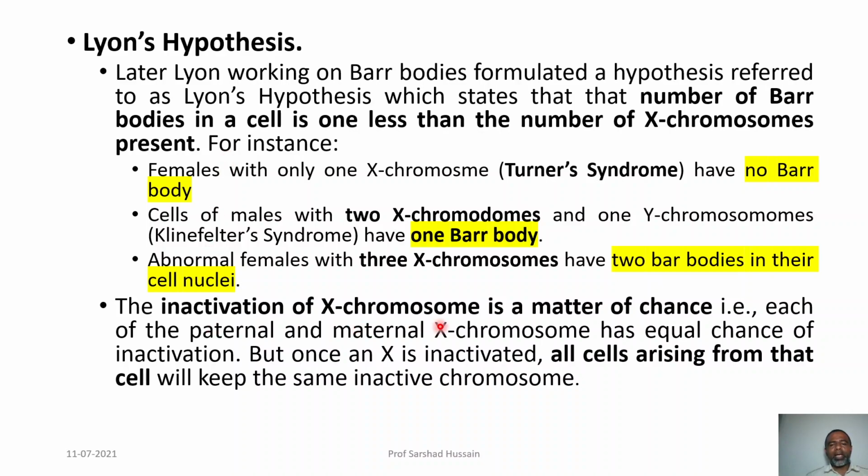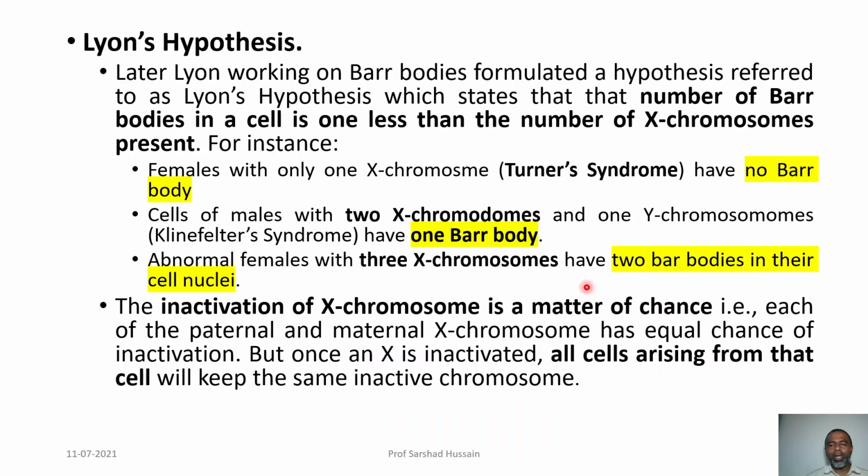The inactivation of the X chromosome is a matter of chance. That means, when a female forms the gamete, you have 2 eggs, each egg carrying 1 X chromosome, and when the male forms the gamete, it will have X in one gamete and Y in the other gamete.